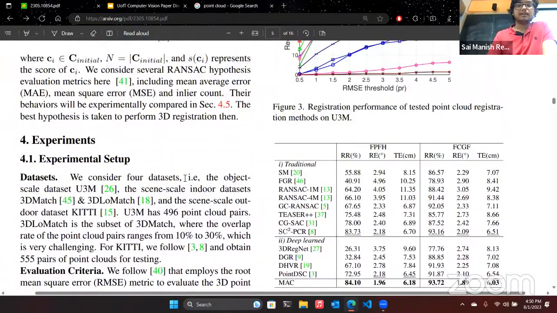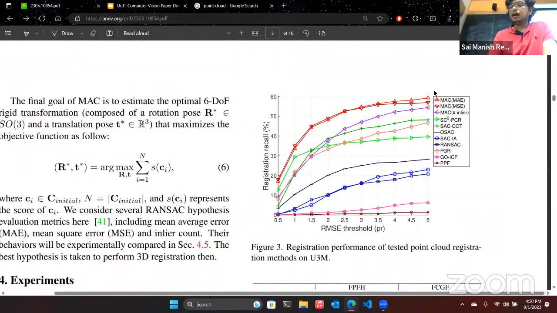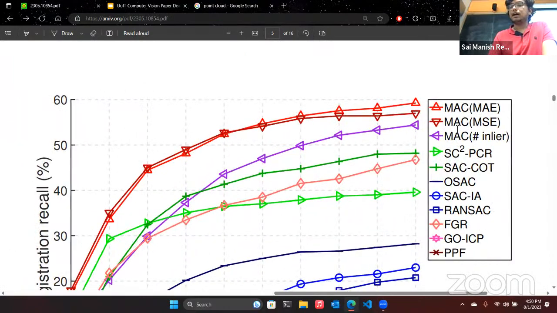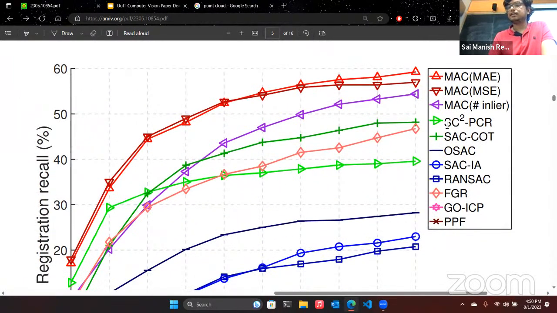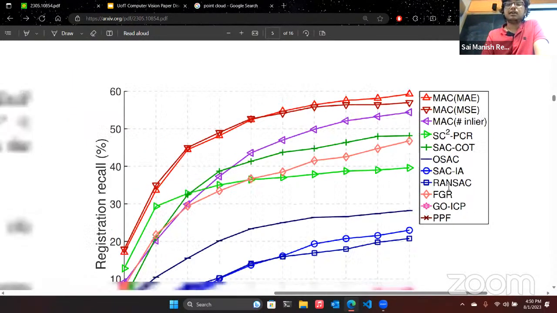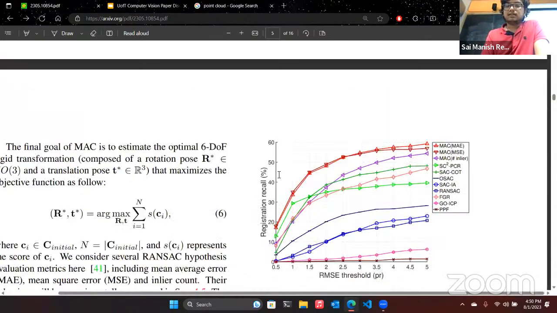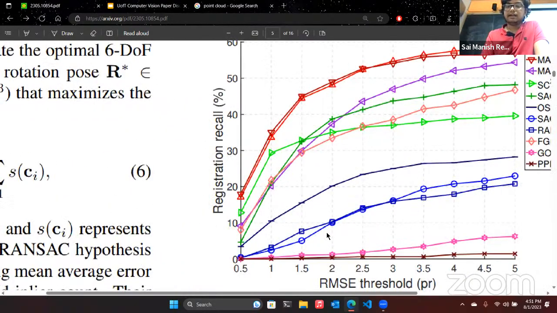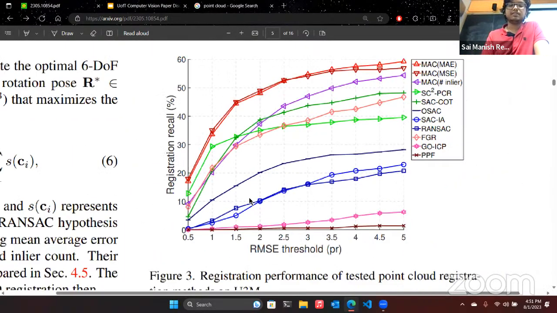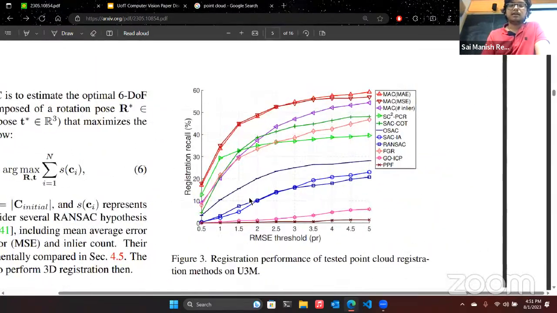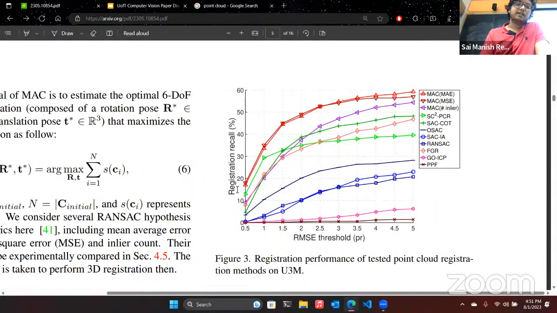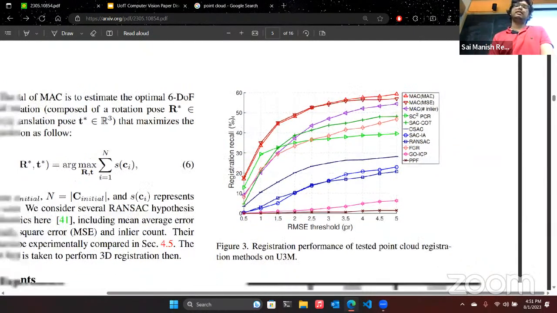As we look at the graph, we can see that our model is compared with other methods such as SC2-PCR, SAC-COT and OSAC, including RANSAC too. We can see that at minimal root mean square error, we have the highest registration recall. Registration recall is basically how much the object is rendered in the first image.